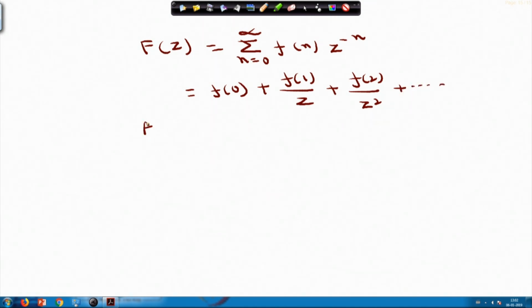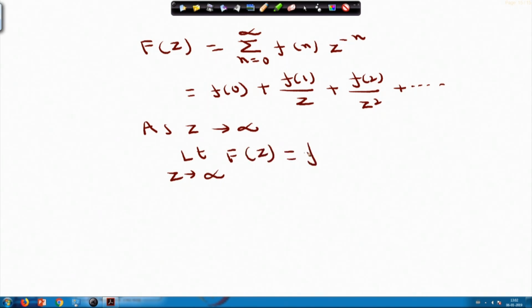As z approaches infinity, all terms will vanish except the first term, that is f 0. So, this completes the proof of the initial value theorem: the limit as z approaches infinity of F z equals f 0.